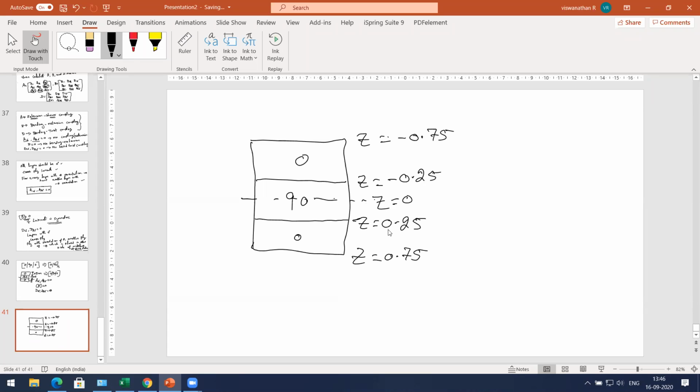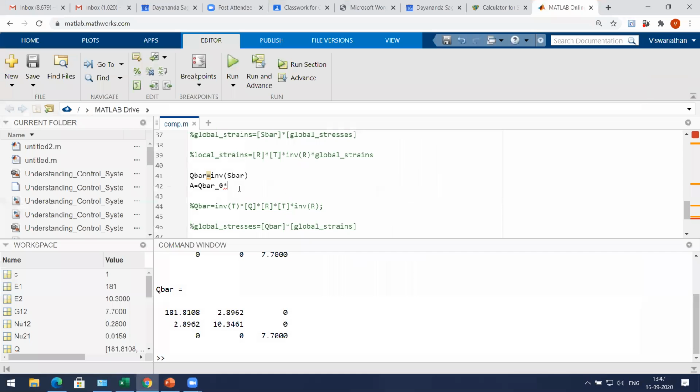Now, the A matrix is nothing but the thickness-weighted sum, so just multiply with 0.5.